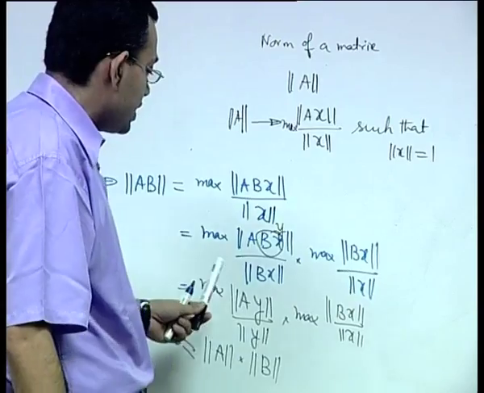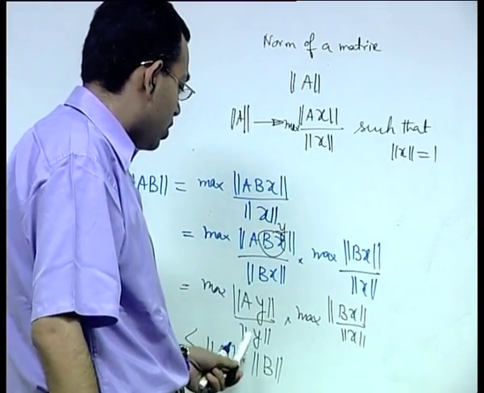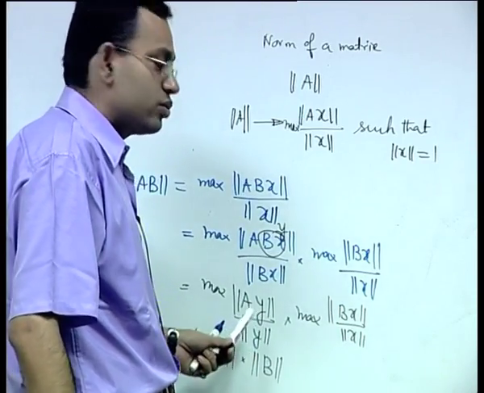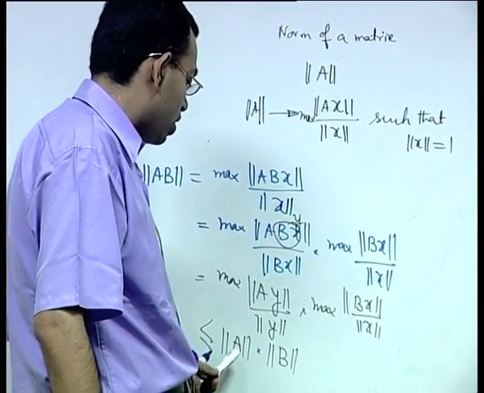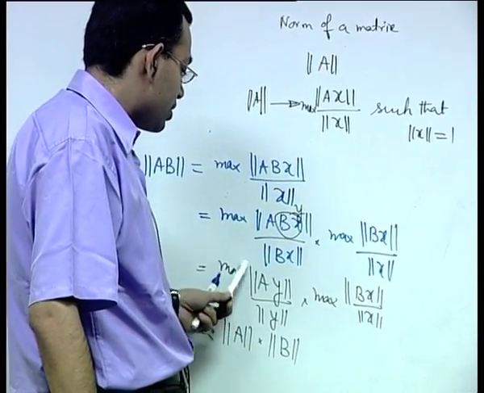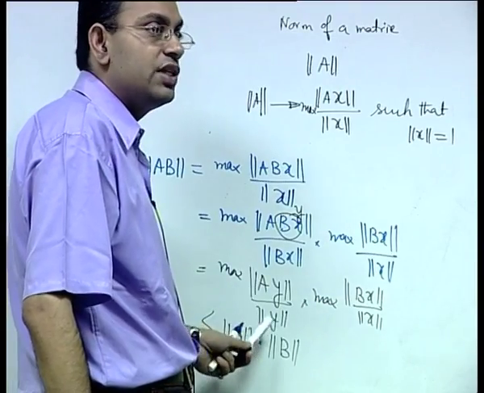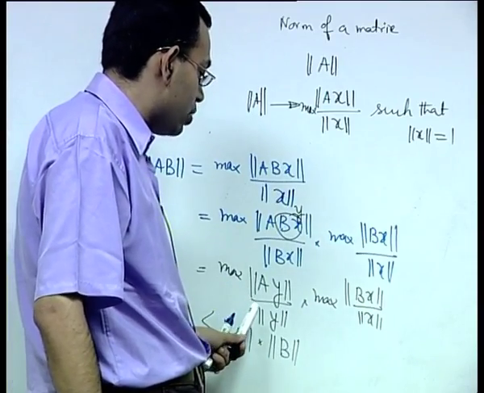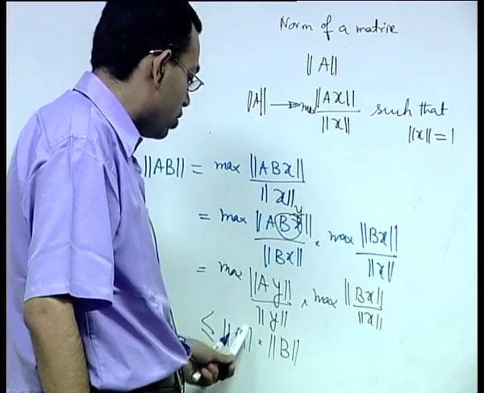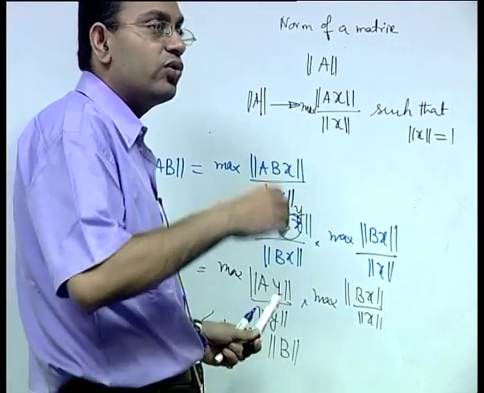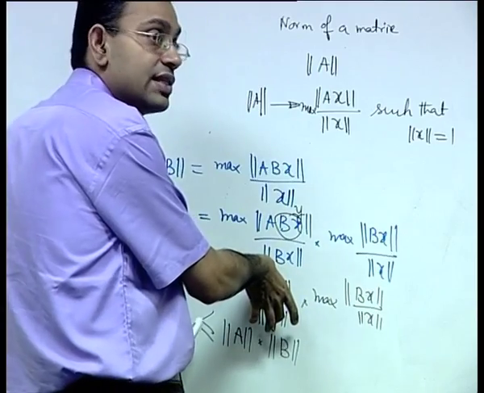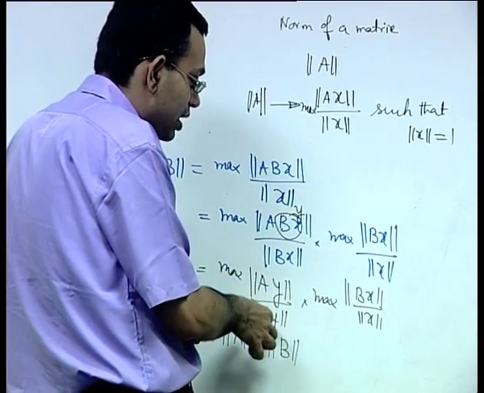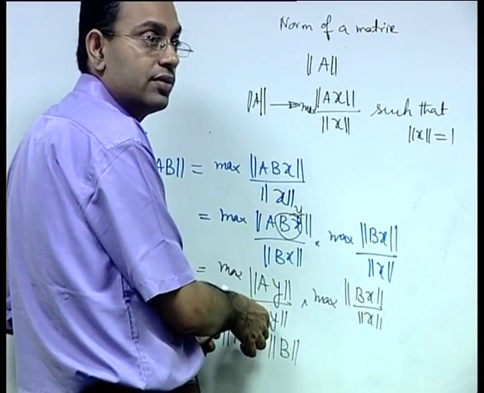You can see that you have not put any constraint on the norm of x or norm of y. So, whatever is the norm of A, it is always less than or equal to the maximum possible value of this, because out of all the possible maximum values you could always have the norm of A, it cannot go beyond the maximum possible value of this. It is with a constraint that norm of y equals 1.